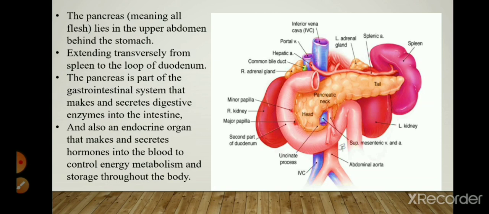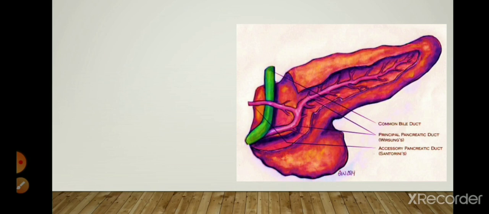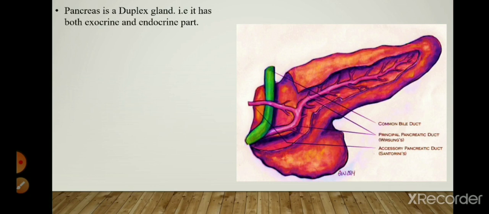Pancreas also contains some cells which form the endocrine part of the pancreas, an endocrine organ that makes and secretes hormones into the blood to control metabolism and storage throughout the body. So the pancreas is also called a duplex gland or dual gland, as it contains both exocrine and endocrine parts.